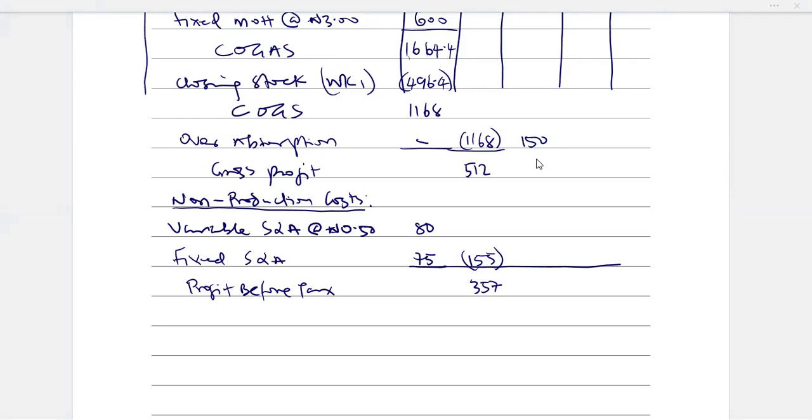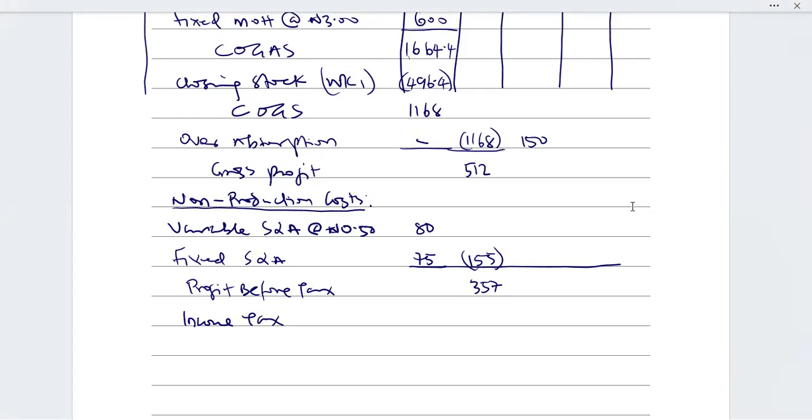Therefore, I will go in there, income tax. What's the income tax given to us? 40%. So 40% of 357.